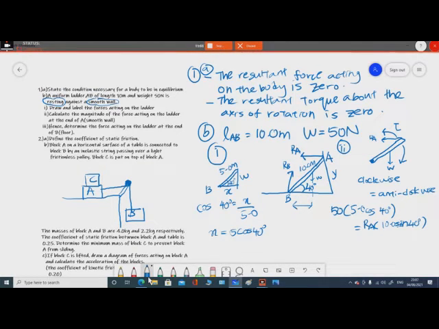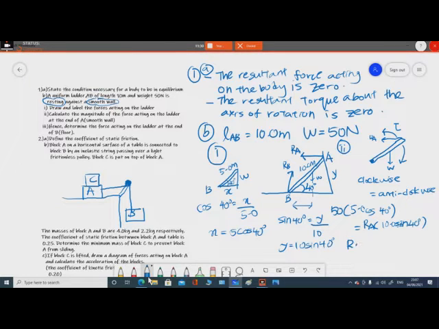Okay, let me write it down. Sine 40 equals opposite divided by hypotenuse, which is the 10 meter. So y is 10 sine 40. This is our distance between RA and the floor.